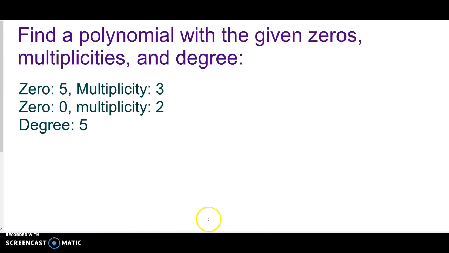So if I write 5 as a zero, that's x minus 5, and it has a multiplicity of 3, so to the power of 3. A zero of 0 would just be x, and its multiplicity is 2. And you can just leave your answer like that. There's no need to multiply this all the way out. That would just be mean.